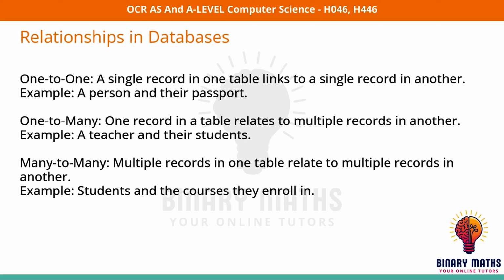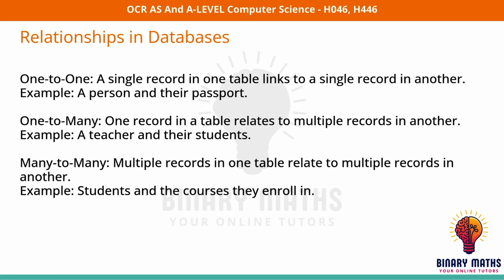There are different types of relationships in databases. One-to-one: a single record in one table links to a single record in another. For example, a person and their passport. One to many: one record in a table relates to multiple records in another.